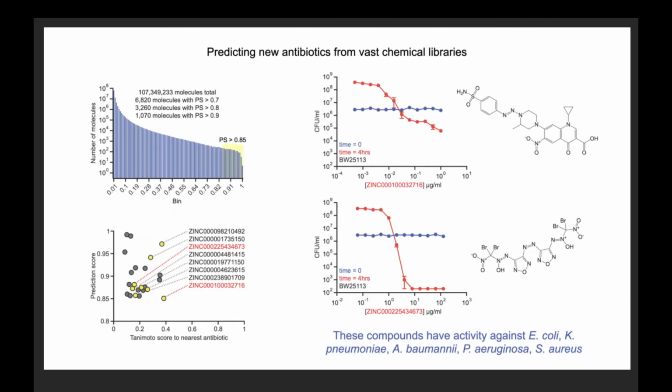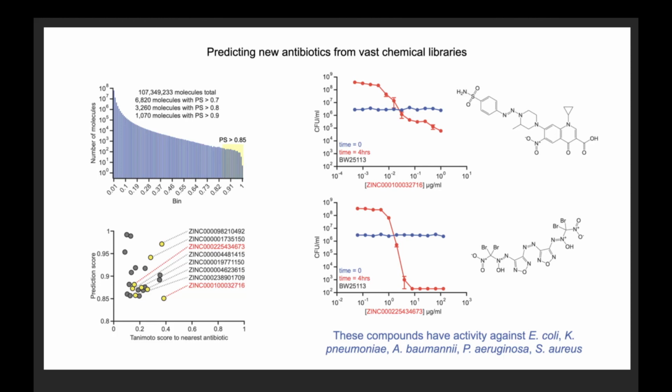So after curating these 107 million molecules, we ran predictions. And again, we prioritized molecules that were both strongly predicted to be antibacterial, as well as those that were structurally distinct from known antibiotics. We were able to curate 23 of such molecules, shown on the bottom left.